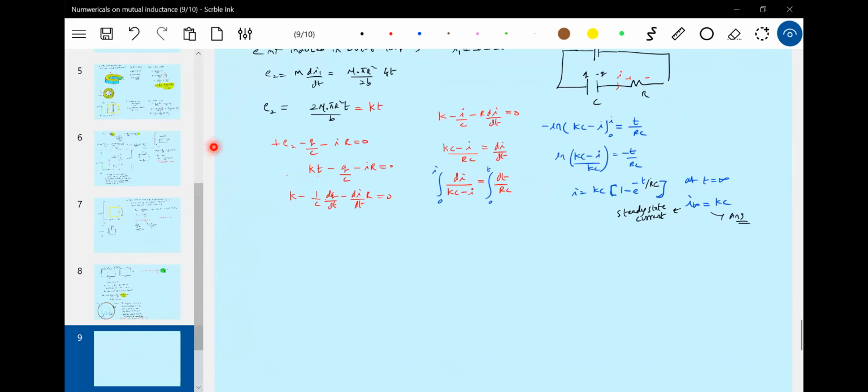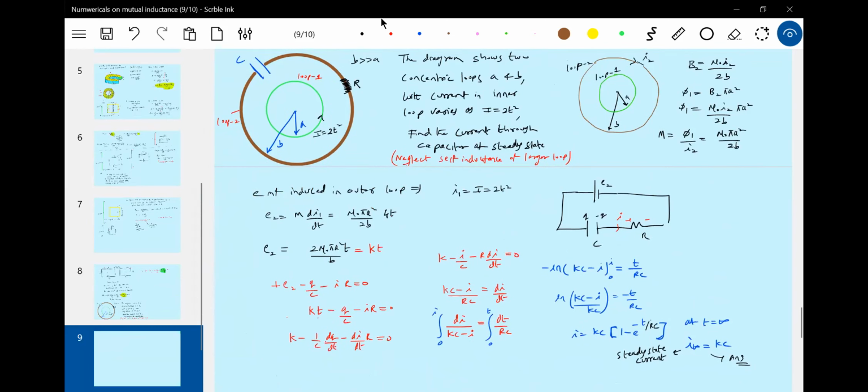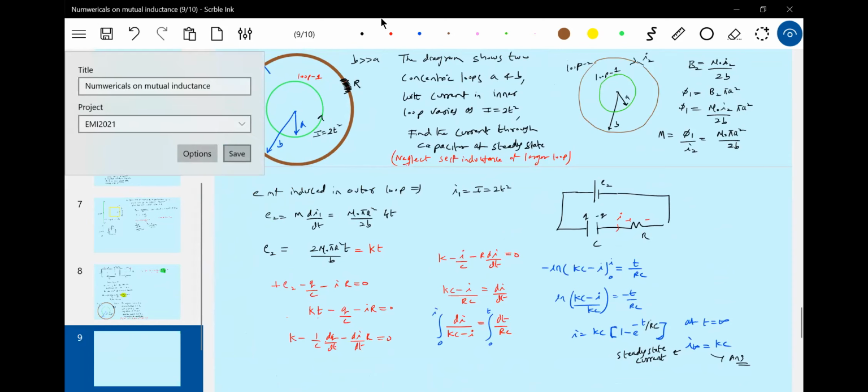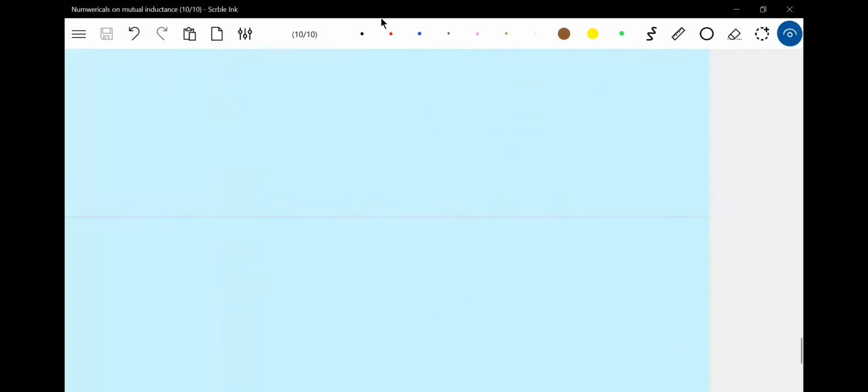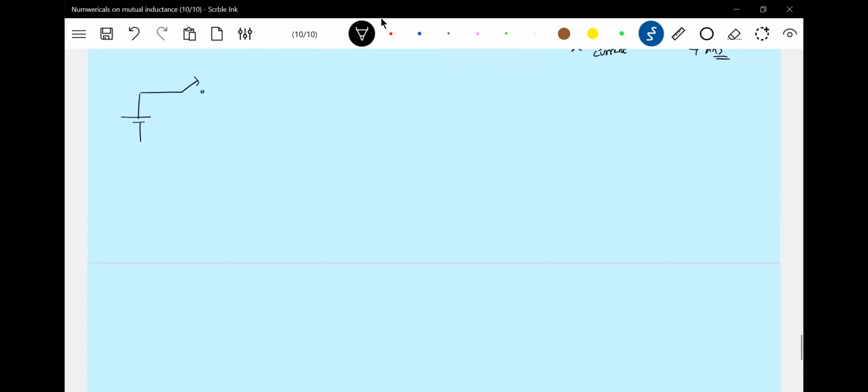Let's come to the problem. Yeah, we are here. Let's have one more. So let's take a situation. The resistance of the circuit is negligible.